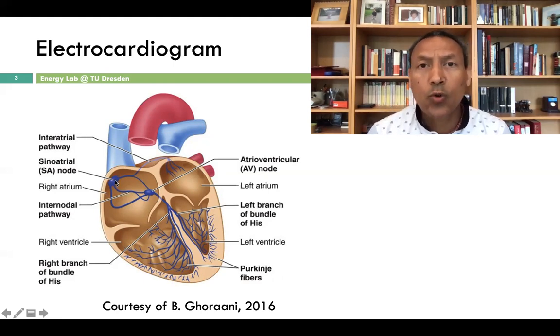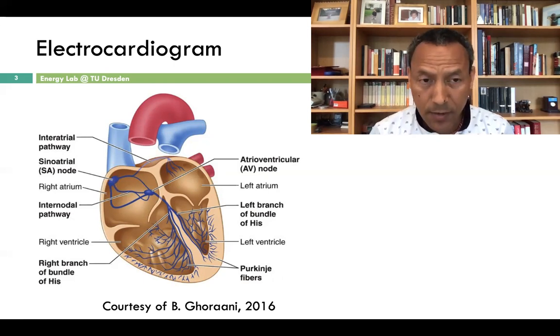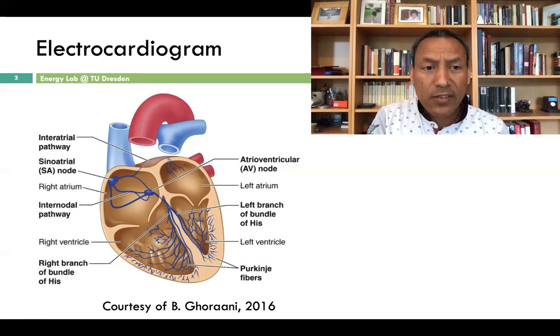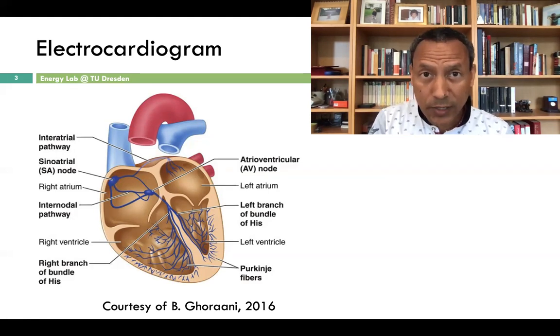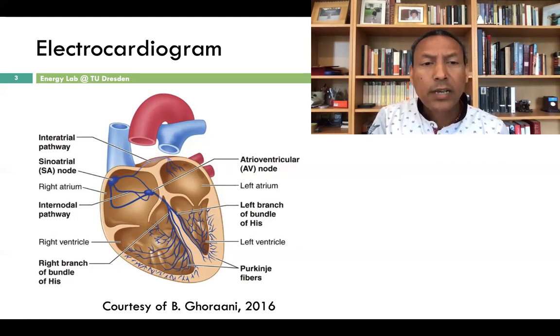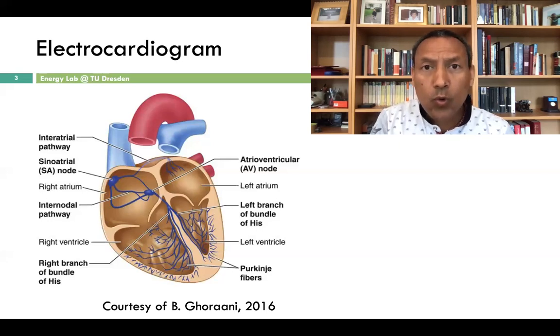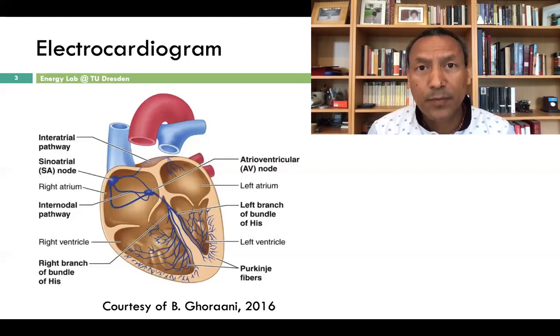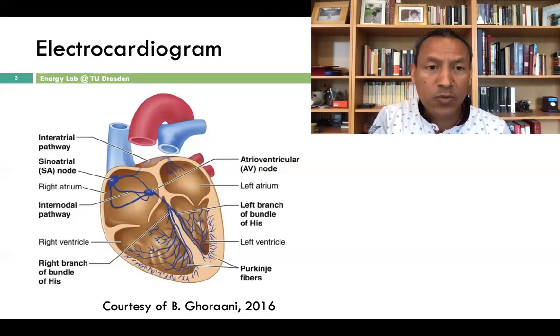It is also called the pacemaker. When this electric pulse is generated by the SA node, it travels through the walls of the atria. We consider only one of the atria for our case. Let's say this is the left atrium.